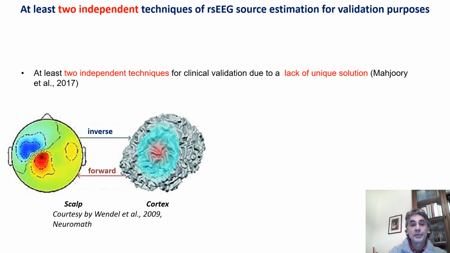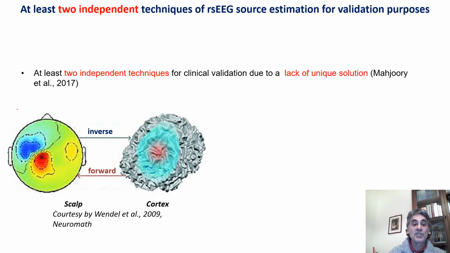The workgroup proposed the use of at least two independent techniques for the source estimation from resting state EEG activity in order to have a cross-validation of the source solutions. In the picture, you see a typical procedure to estimate cortical sources of EEG activity solving the inverse problem.